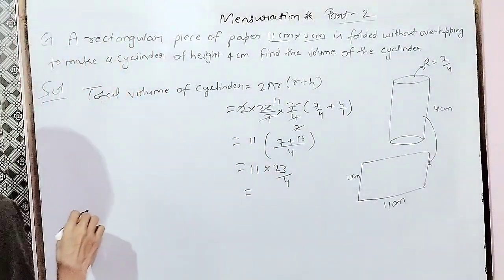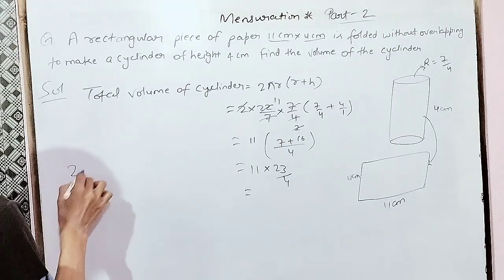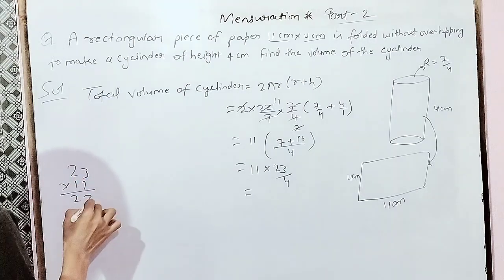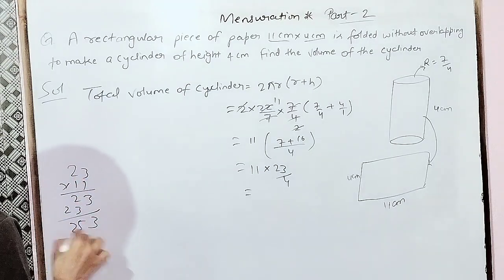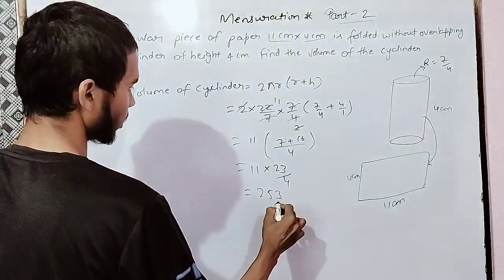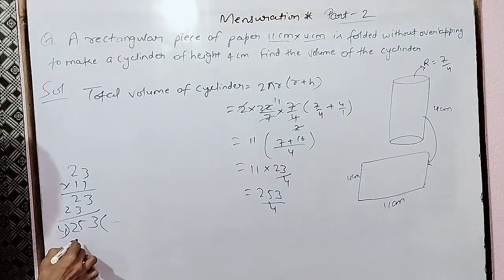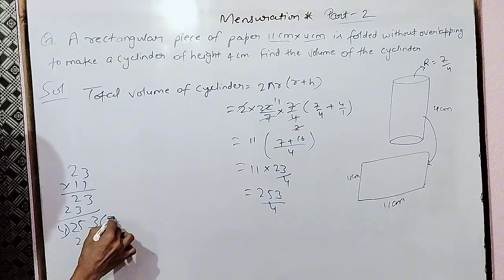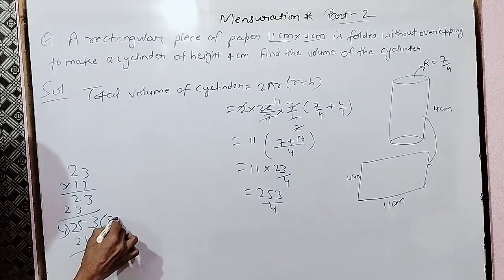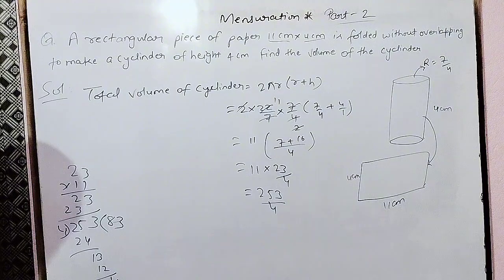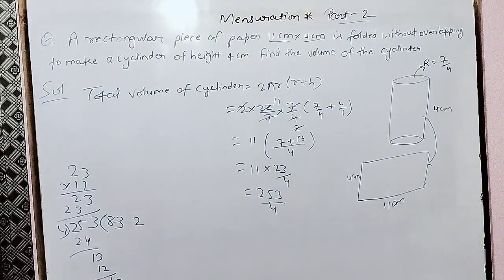Just we will simplify it. 23 multiple 11, upon 4, which gives 93.2.